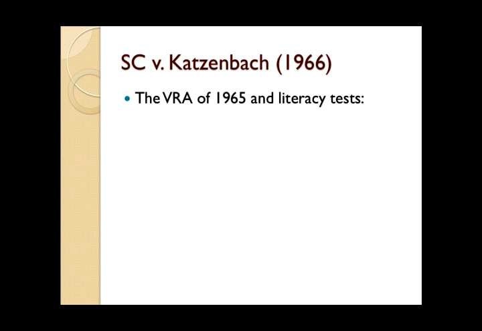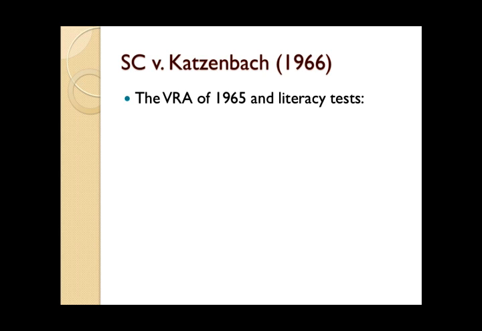And we can see this under Section 2, the first paragraph on page 15. If a state fell under the coverage formula, then that state had to suspend any literacy test for 5 years. The state had to suspend all new voting regulations pending a review by federal authorities. And third, the state might have federal examiners assigned to essentially watch their actions.